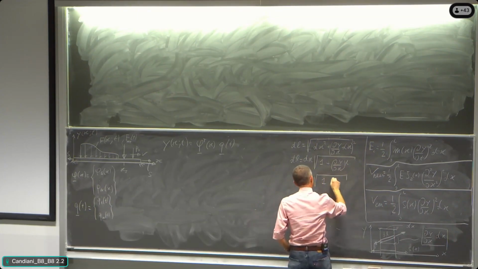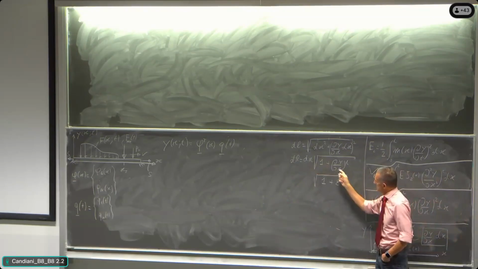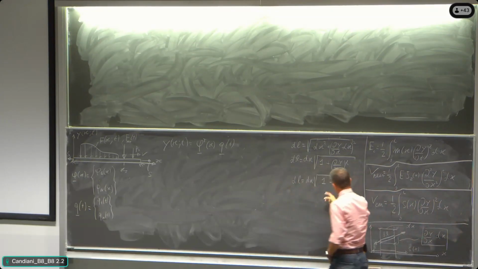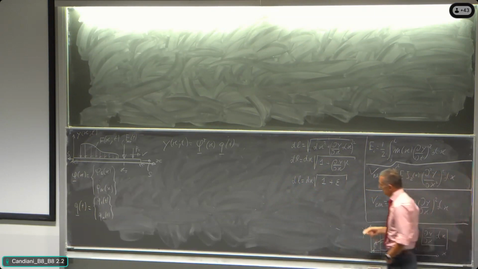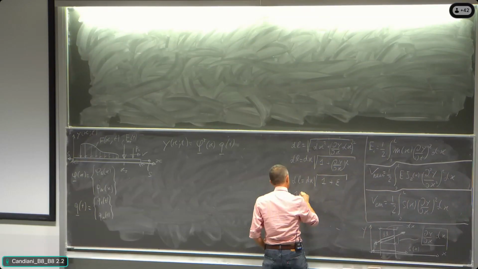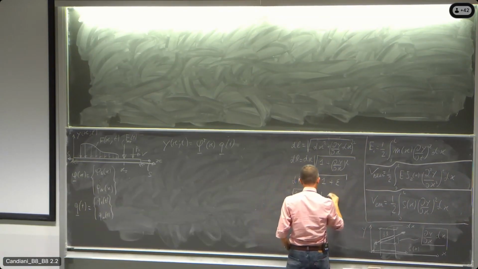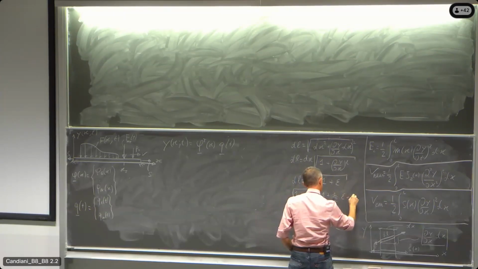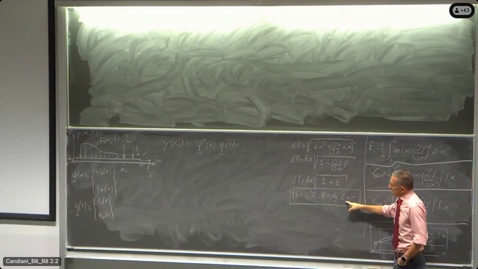This is a square root of 1 plus epsilon. The square root of 1 plus epsilon, written through the Taylor expansion, is 1 plus 1/2 epsilon. Why 1/2?